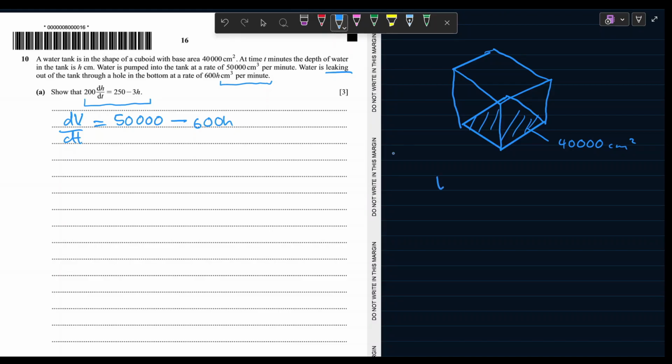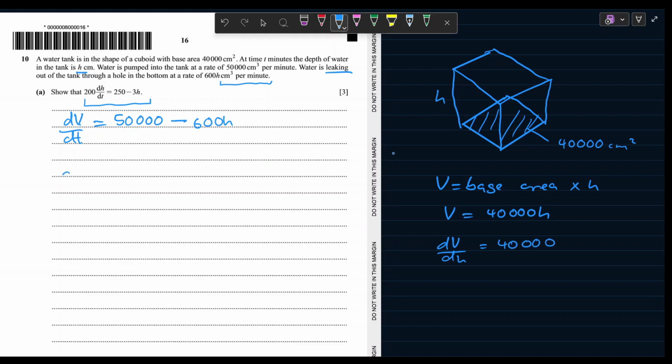So the volume is going to be equal to the base area multiplied by the height, h, of the water. All right, so base area times h. So essentially V is 40,000h. So using this equation for volume, we can find dV/dh. And that's just going to be 40,000.